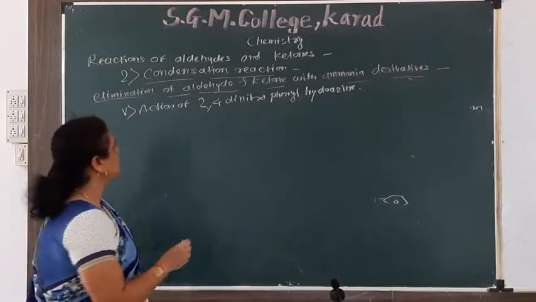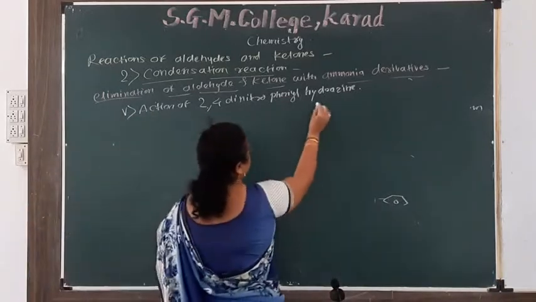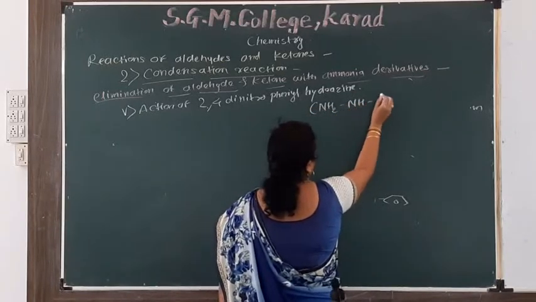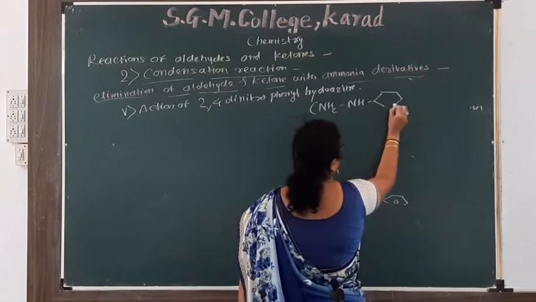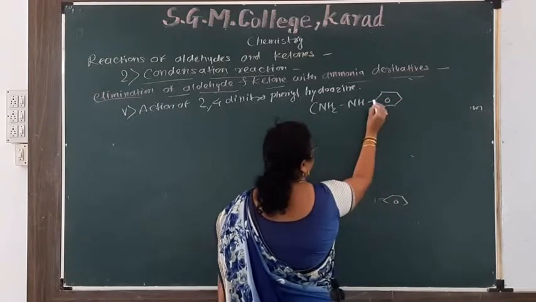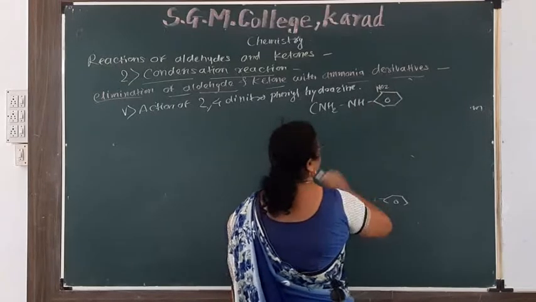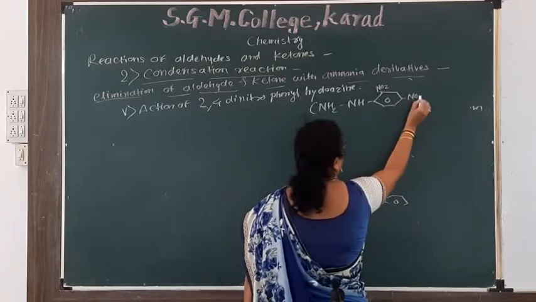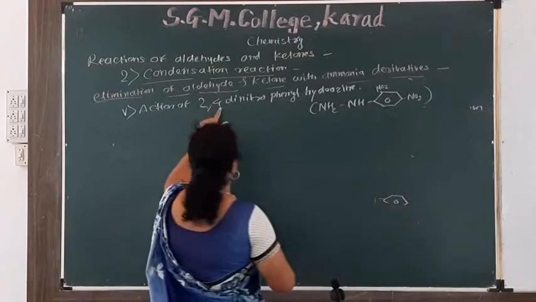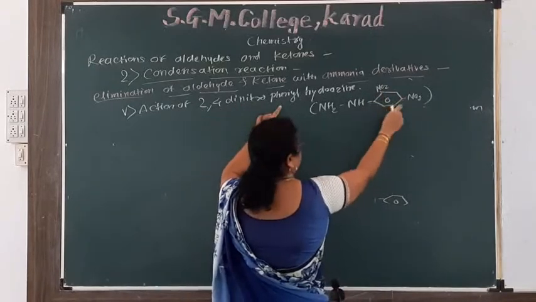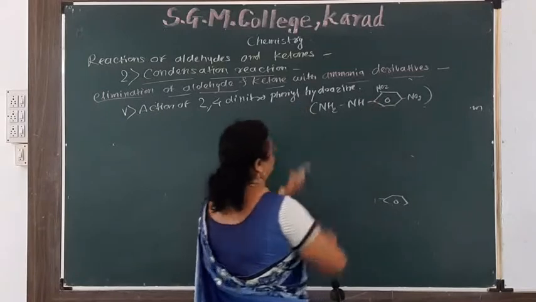For example, phenylhydrazine means NH2NH, here C6H5. This is first carbon atom, this is second carbon atom, NO2 group is attached to the second carbon atom and fourth carbon atom. Means 2,4-dinitro. This is a 2,4-dinitrophenylhydrazine.